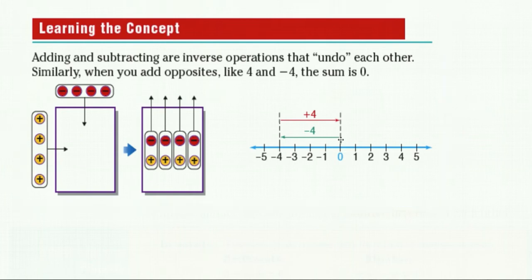And on the number line, you have negative 4 first, and you add 4: from negative 4 you move 4 units to the right, and it goes back to 0.